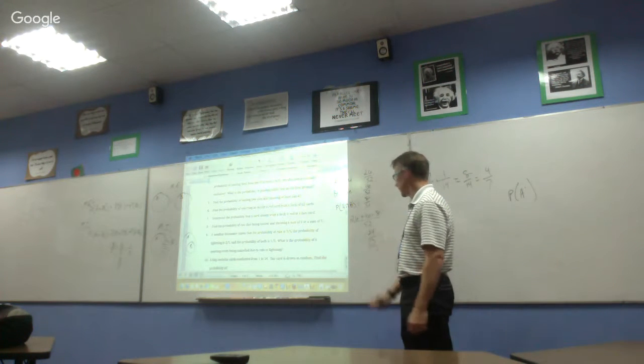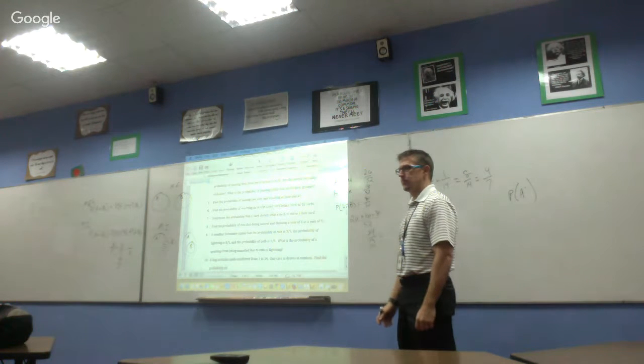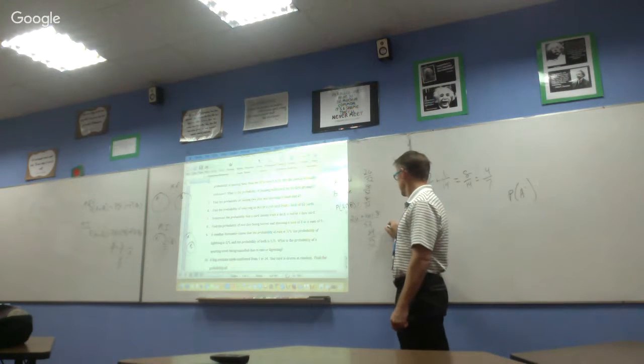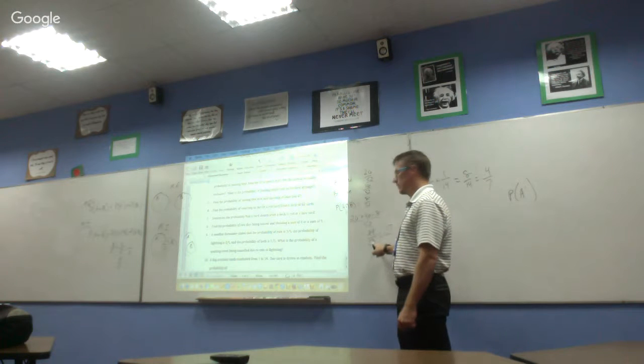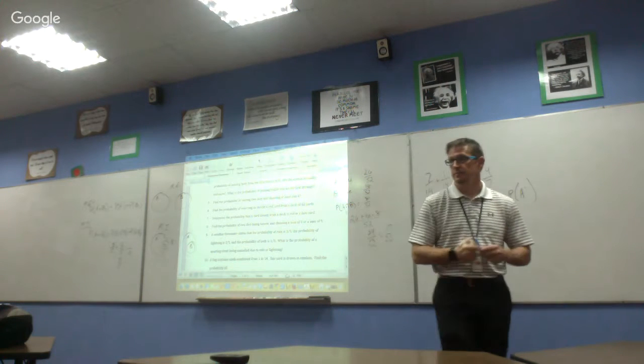Well, what do we go into 34 and 52? 2. How many times does 2 go into 34? 34 divided by 2 is 17. 52 divided by 2? 26. 17 over 26.